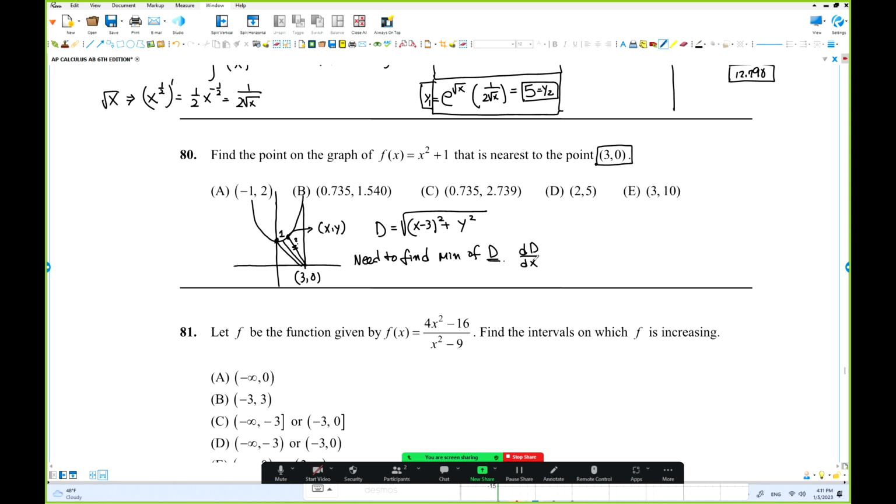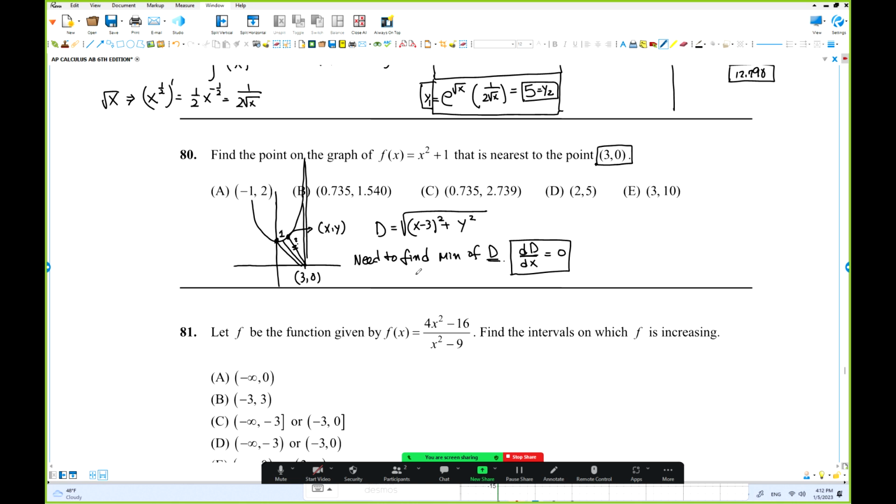To find the minimum, set the derivative equal to zero. At this point it's going to have a minimum or maximum, but this time only a minimum is available. The maximum is undefined. So at this point the derivative must be equal to zero, right?